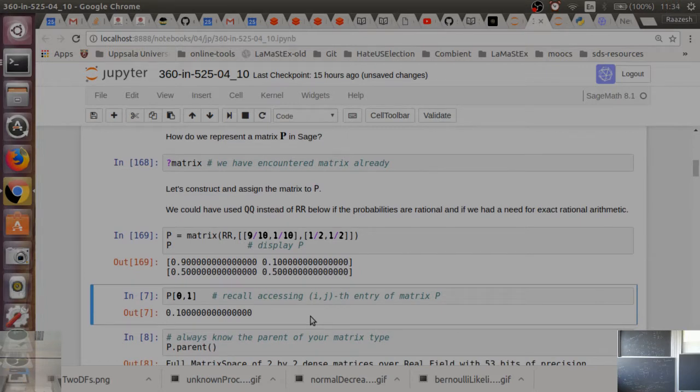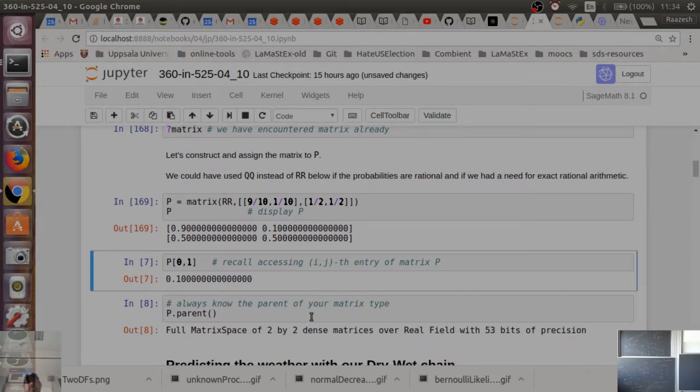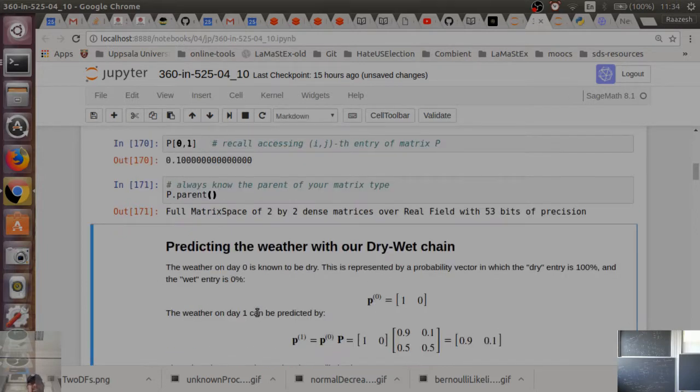QQ is the rational field, but I'm going to use the real field because I want to do floating point arithmetic. Later on, I want to drop into NumPy. So P01 is just giving me this entry. So it's always good to know your parents, especially for matrix type. So this is a full matrix space of 2 by 2 dense matrices over the real field with 50 units of precision. That's what you're operating on.